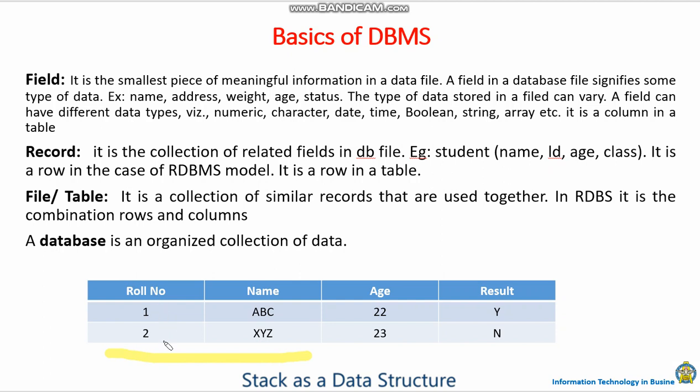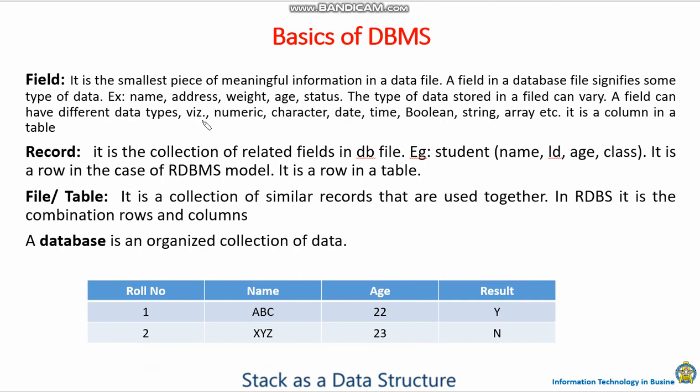We have roll number of students, just taken as an example, names, age, result. So a smallest piece of information, for example, can be called a field. Roll number is a field, name is a field, age is a field, result is a field. So these are examples given above. A field is the smallest piece of information of an entity, in a way.